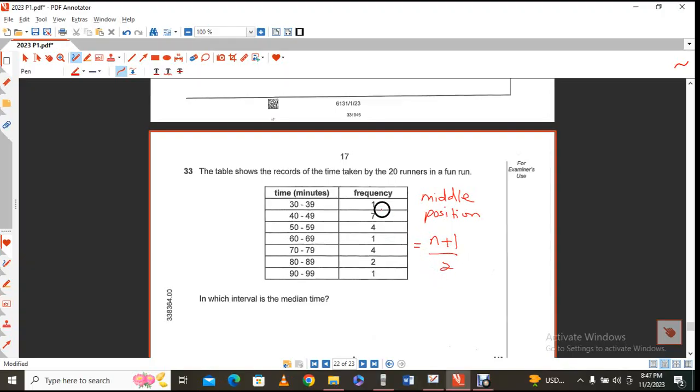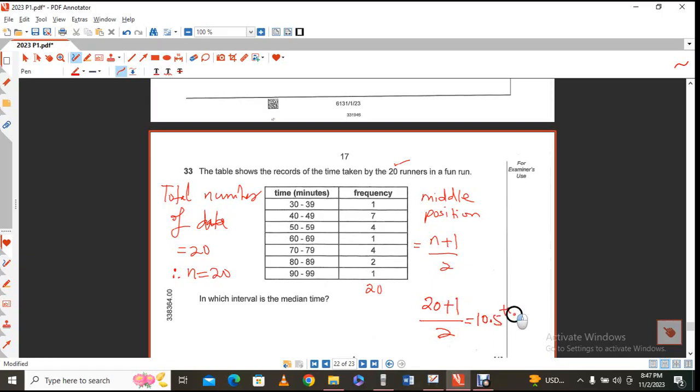In this case, if you add the frequencies, you get 20, as already indicated over here. So n, the total number of data, is 20. You must just follow if my handwriting is terrible for you. Therefore, n equals 20. Having used that, I would say 20 plus 1 over 2, that's 10.5.